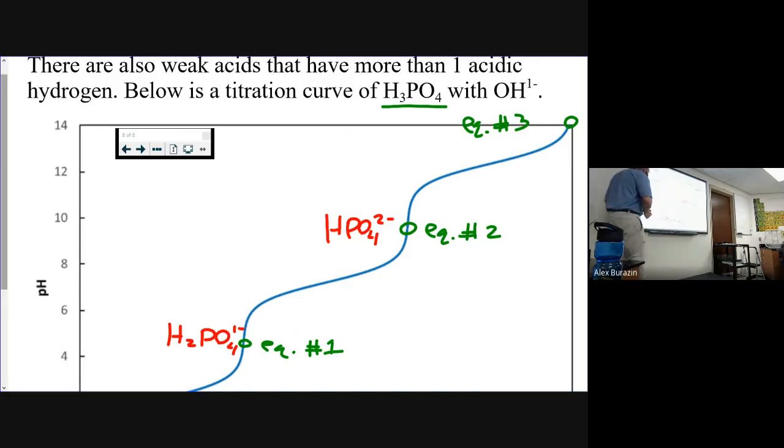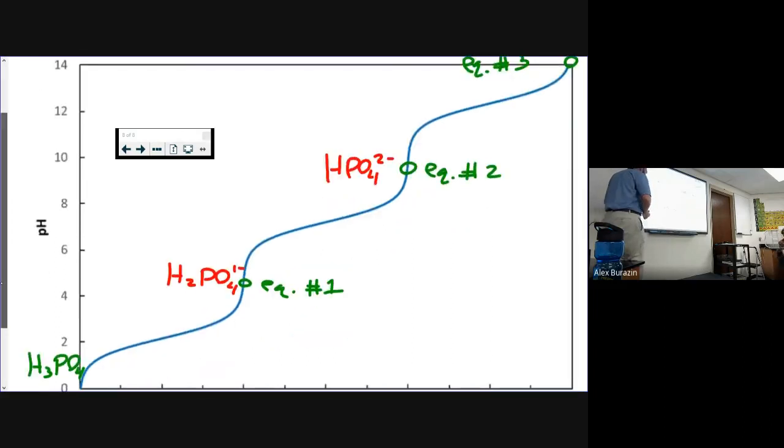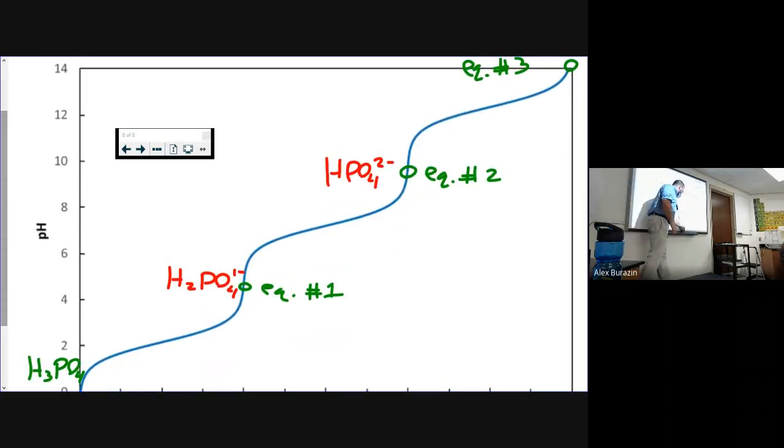The reason I'm showing you this is because it gets a little complicated when we have these diprotic, triprotic acids in play. This has 3 different equivalence points on the same graph. One represents neutralizing the first hydrogen, another the second, and the third.